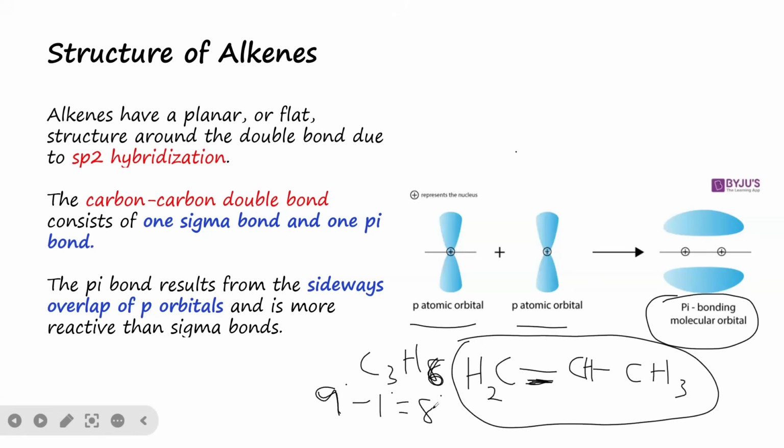So here we have 8 sigma bonds and 1 pi bond. Remember, when we have a double bond, one is a sigma bond and one is a pi bond. So this is how to calculate the number of sigma bonds and pi bonds.